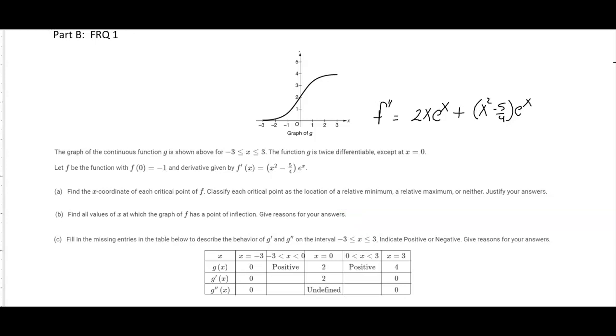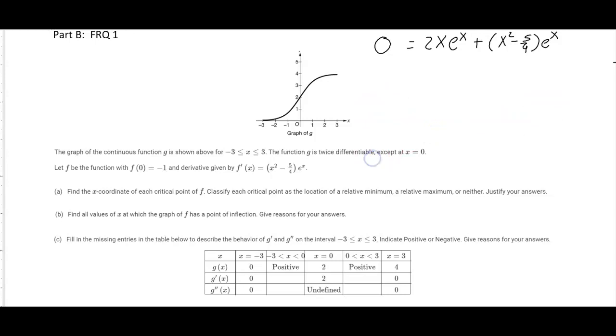Okay, so we want to find out where does this thing change signs. So we need to set it equal to 0. And in order to solve this, it might be helpful to factor out the e to the x.